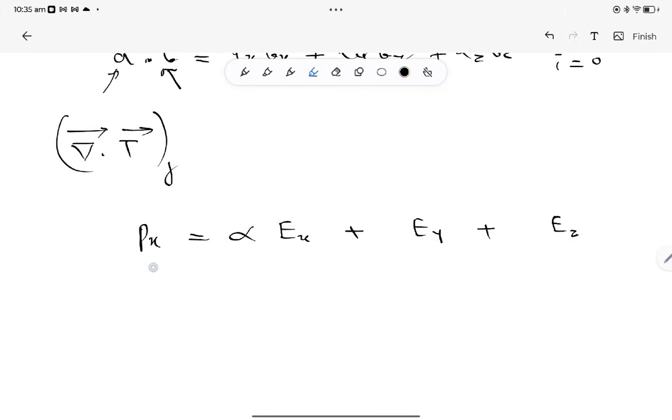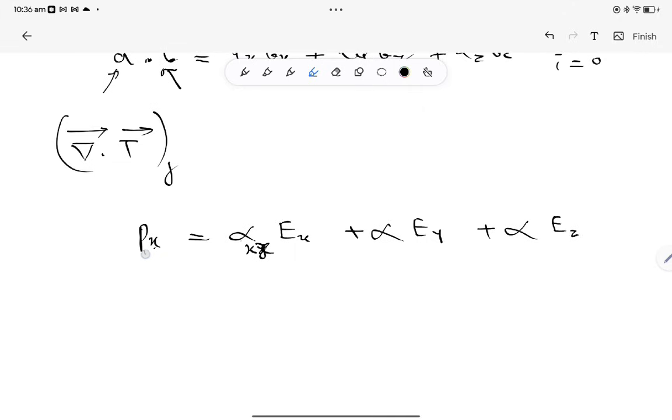Hence, a particular polarization in any direction can be due to a combination of x field, y field, z field. Now, as far as this constant is concerned, how do we show this constant? We show it x here. The first shows the component.